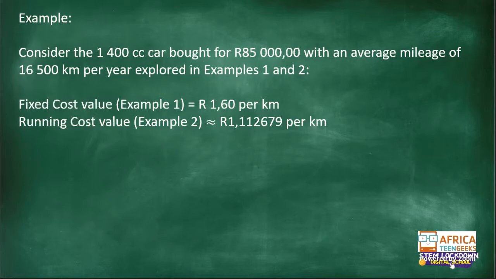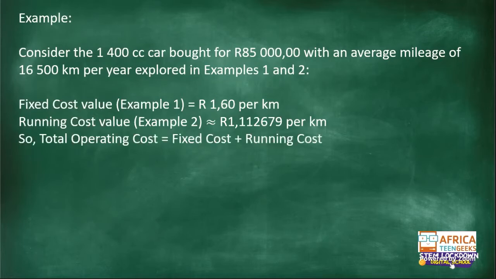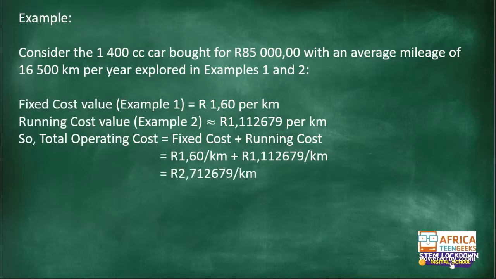So now that we know what the fixed cost value is, the total operating cost will be the sum of the fixed cost value and the running cost value. And of course, this will give you R2.71 per kilometer. Once again, please do not round off before the final answer. So you take this value as it is, which is now the total operating cost.